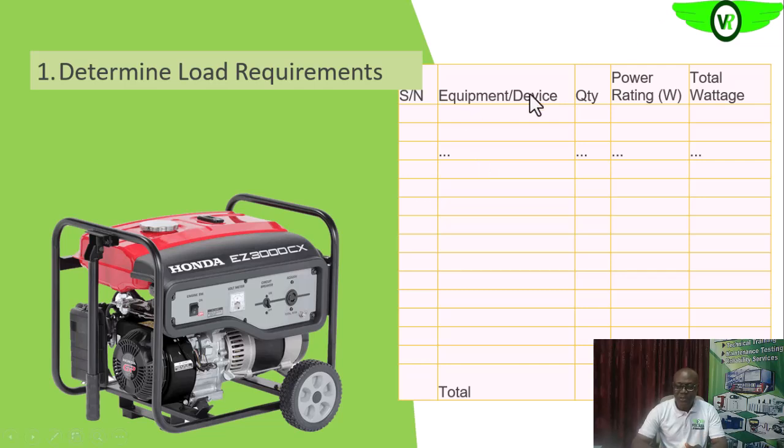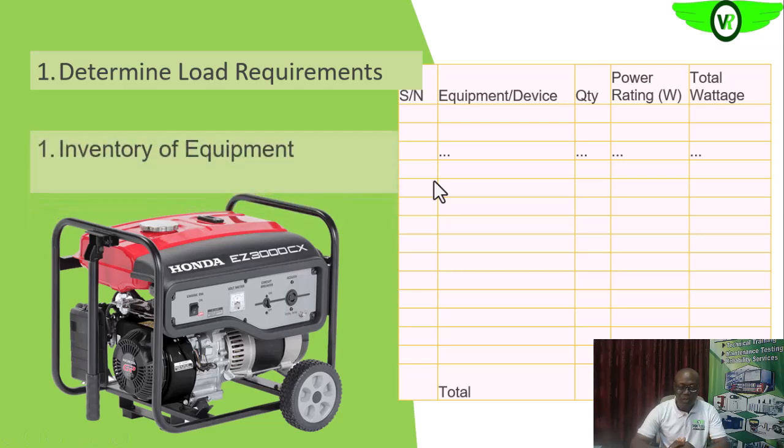Then the number of such equipment will come under the third column. That is the quantity, the number of them that you actually want to power. We will see all of this as we go along.